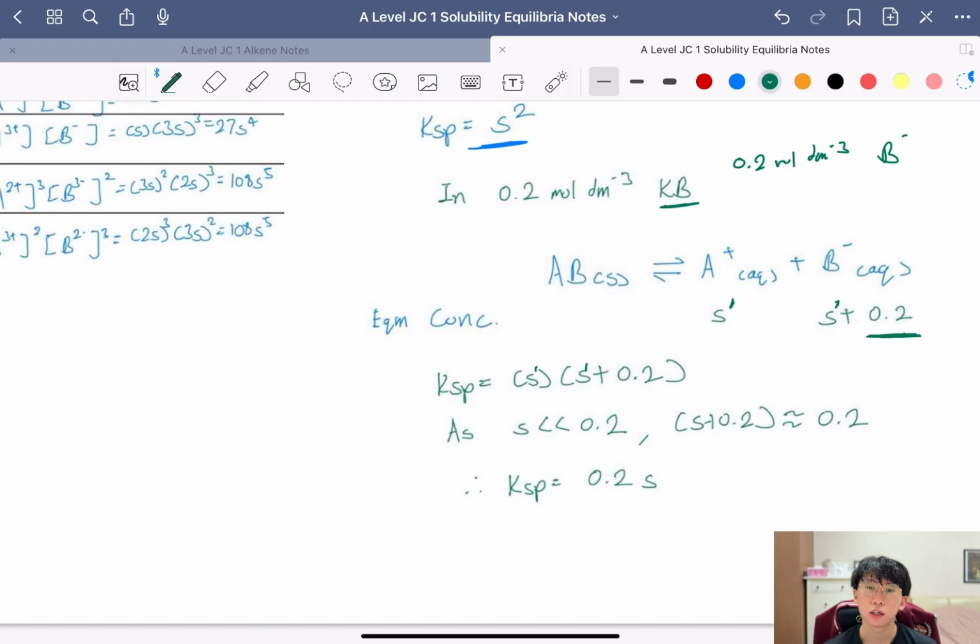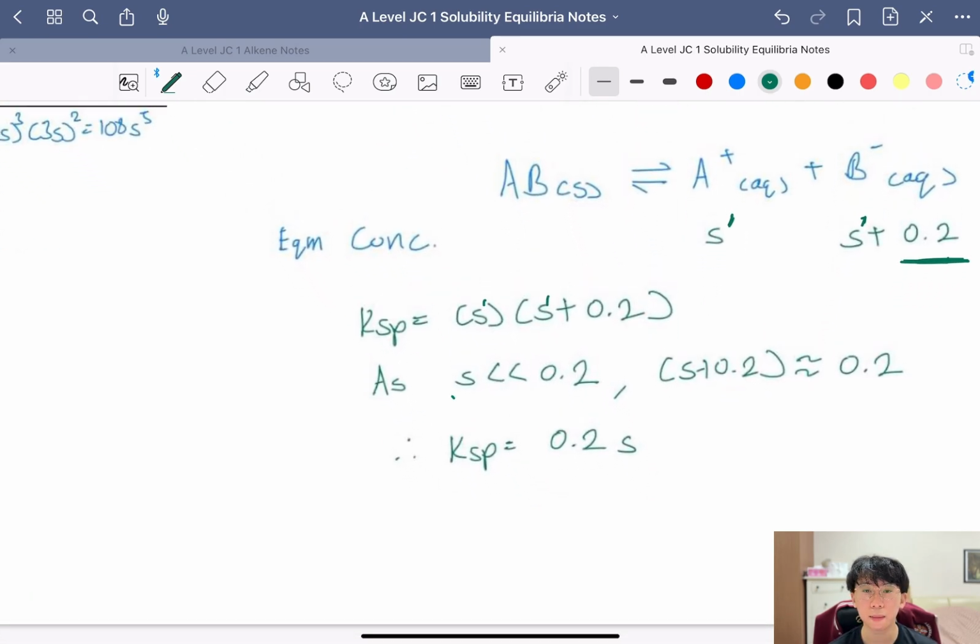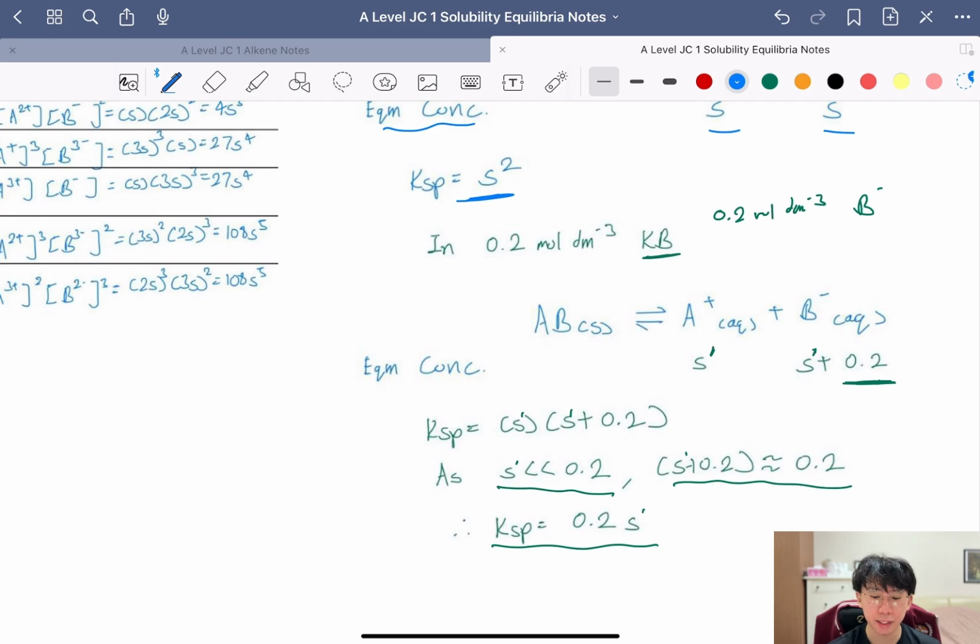Because you're using sparingly soluble salts, the solubility would be very, very low, and because of this, it's usually much less than 0.2. Therefore, we can approximate S prime plus 0.2 to 0.2, and your new Ksp is equal to 0.2 times S prime. We also know that Ksp doesn't change.